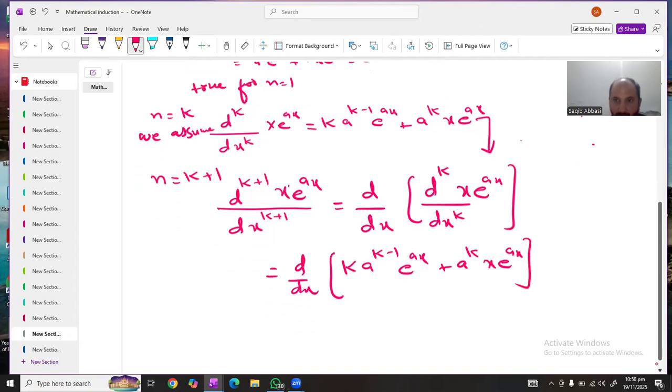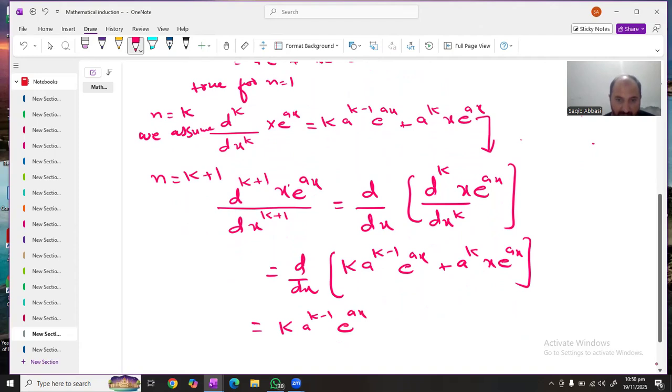Now further, we apply the derivative. The derivative of k a power k minus 1 e power ax gives a. Next, for a power k x e power ax we simplify by using the product rule: e power ax into a plus e power ax times the derivative of x, which is 1.